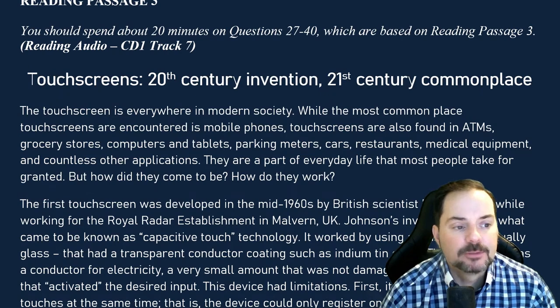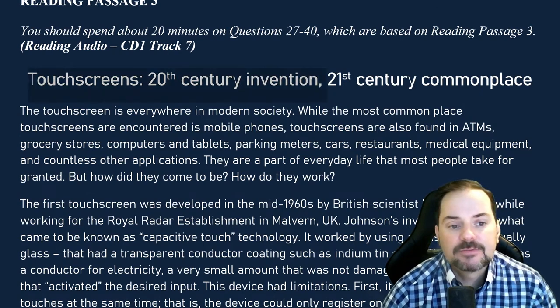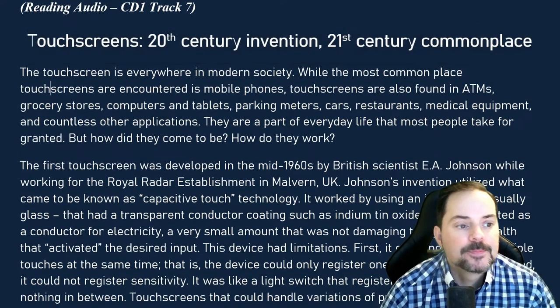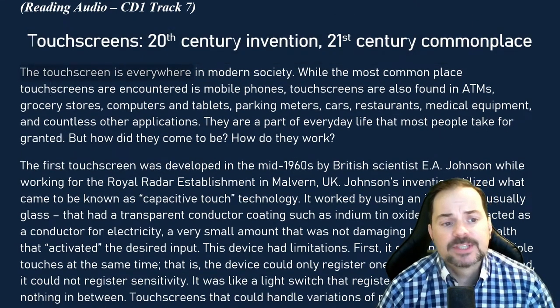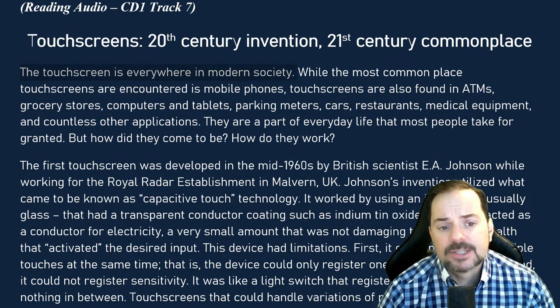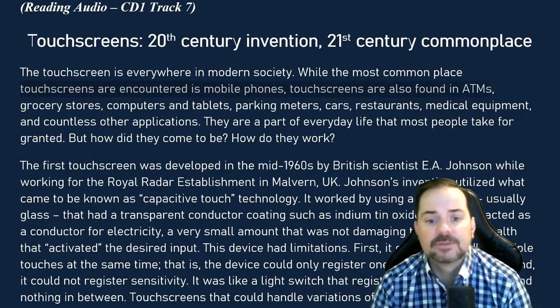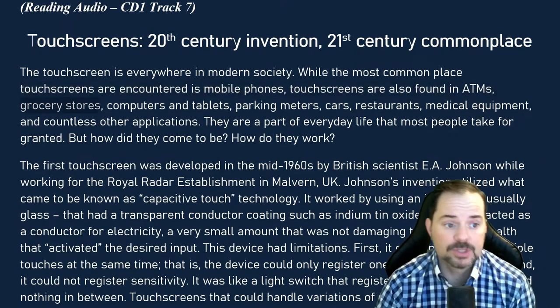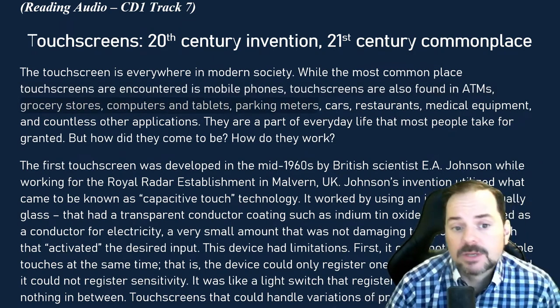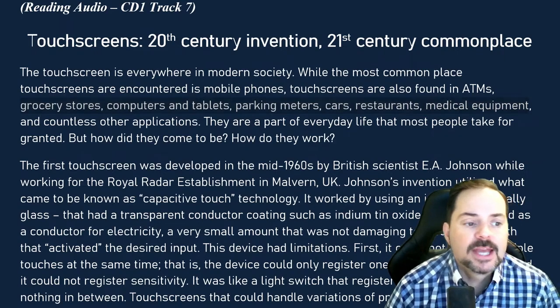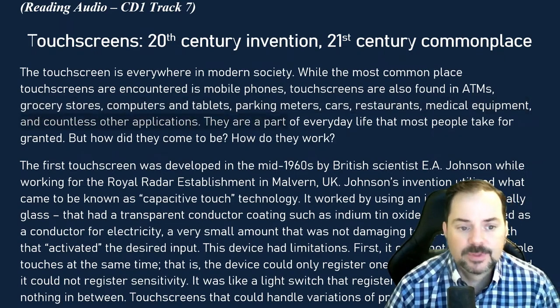Read from the title. Touchscreens, 20th century invention, 21st century commonplace. The touchscreen is everywhere in modern society. While the most commonplace touchscreens are encountered in mobile phones, touchscreens are also found in ATMs, grocery stores, computers and tablets, parking meters, cars, restaurants, medical equipment, and countless other applications.